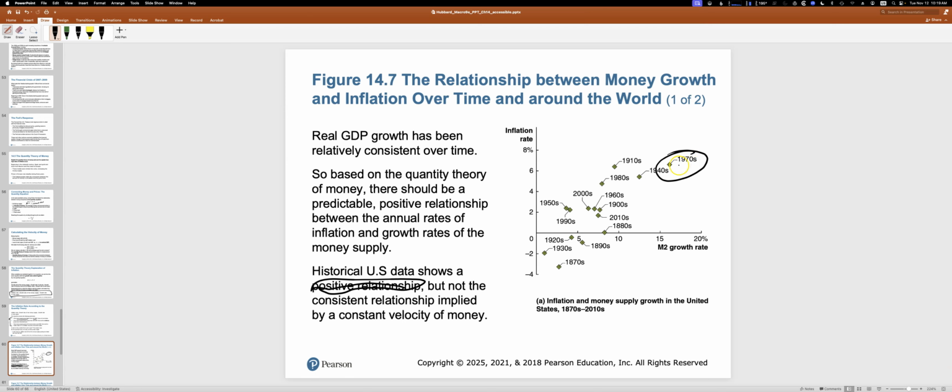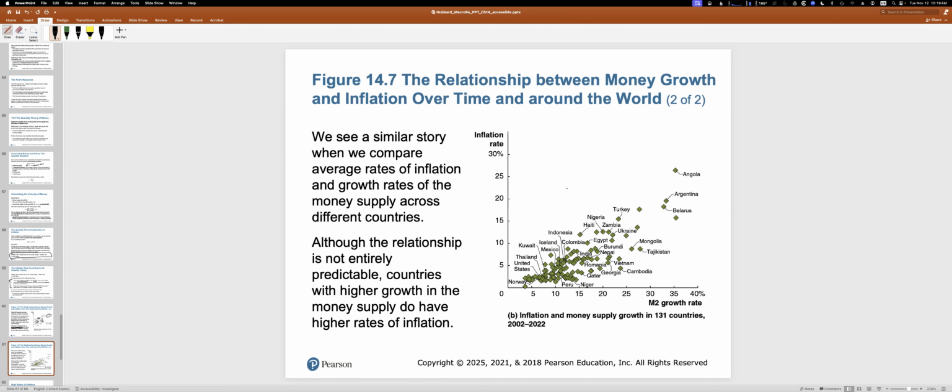It'll be interesting to see where the 2020s end up here. But you can see that for most of your lifetime, the 2010s, the 2000s, the 1990s, you're seeing rather low money growth rates and rather low inflation for the most part. I guess none of you are 1990s except me, this old man.